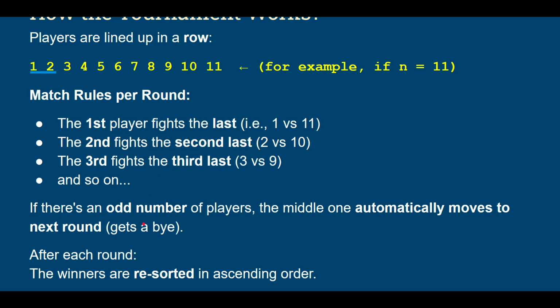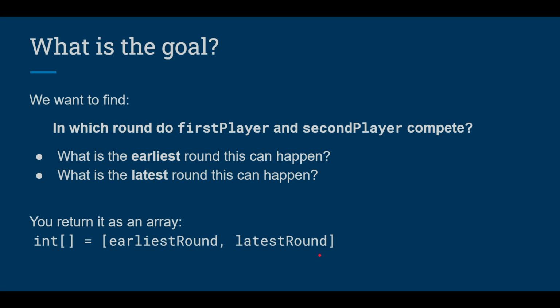If there is an odd number of players, the middle one automatically moves to the next round and gets a bye. After each round, the winners are re-sorted in ascending order. This is the tournament game.